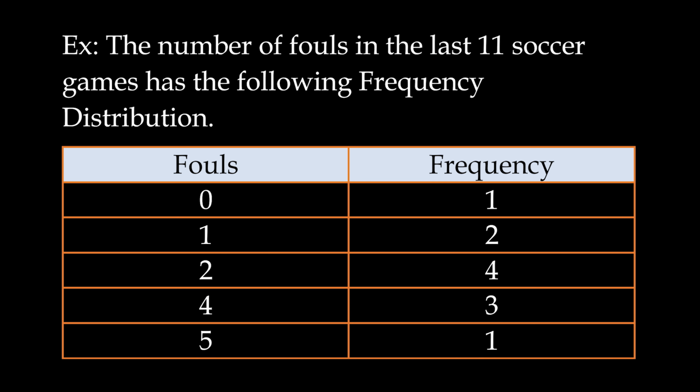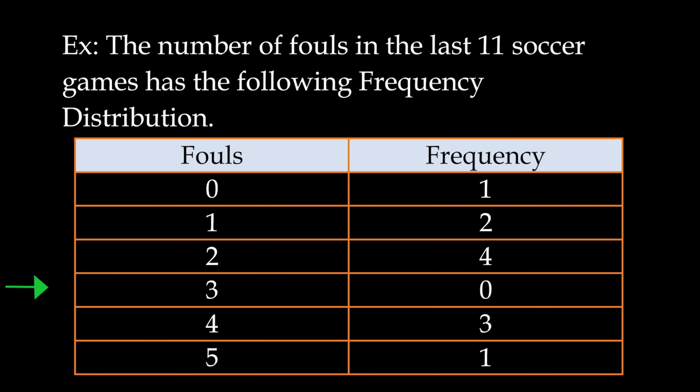The number of fouls in the last 11 soccer games has the following frequency distribution. Notice how 3 fouls is missing. If numbers were skipped, it's an implication that the frequency is 0, but sometimes it helps to fill in the gaps.